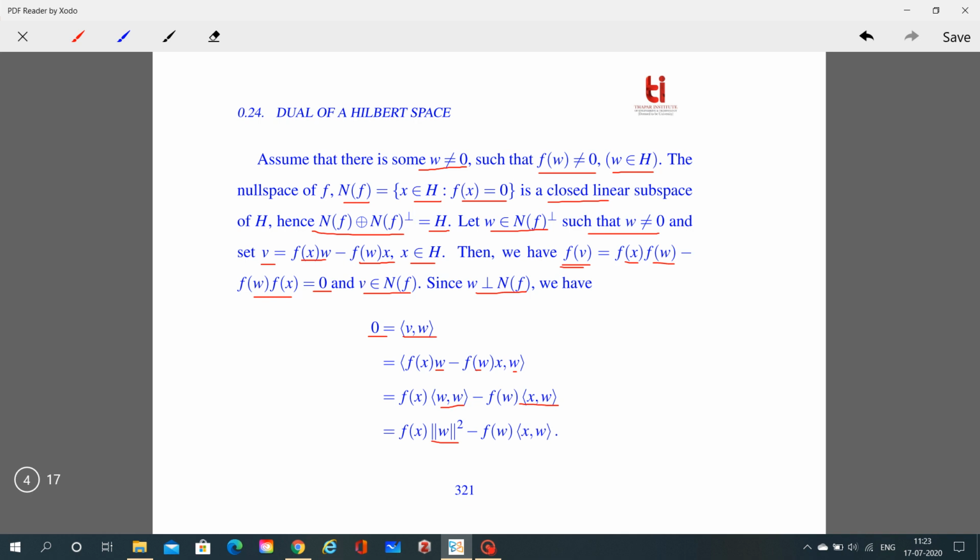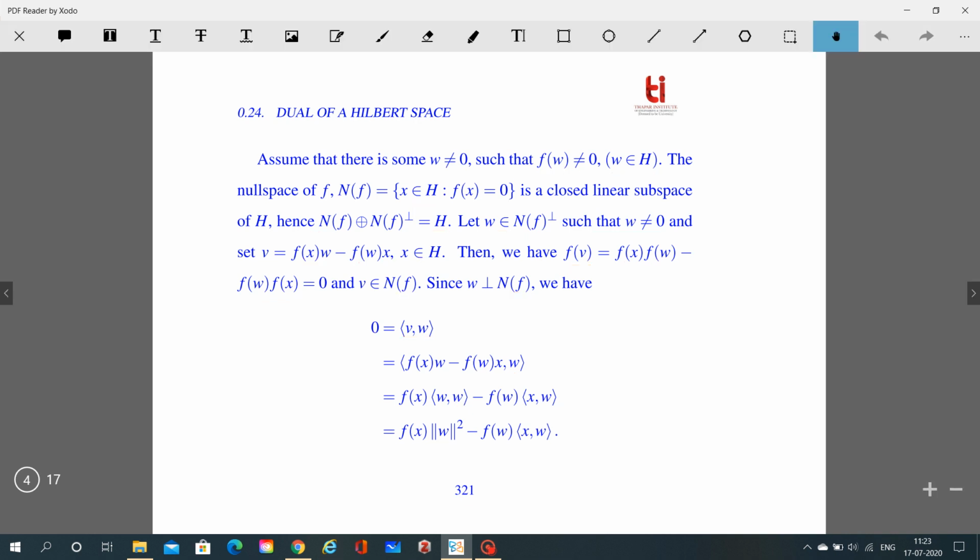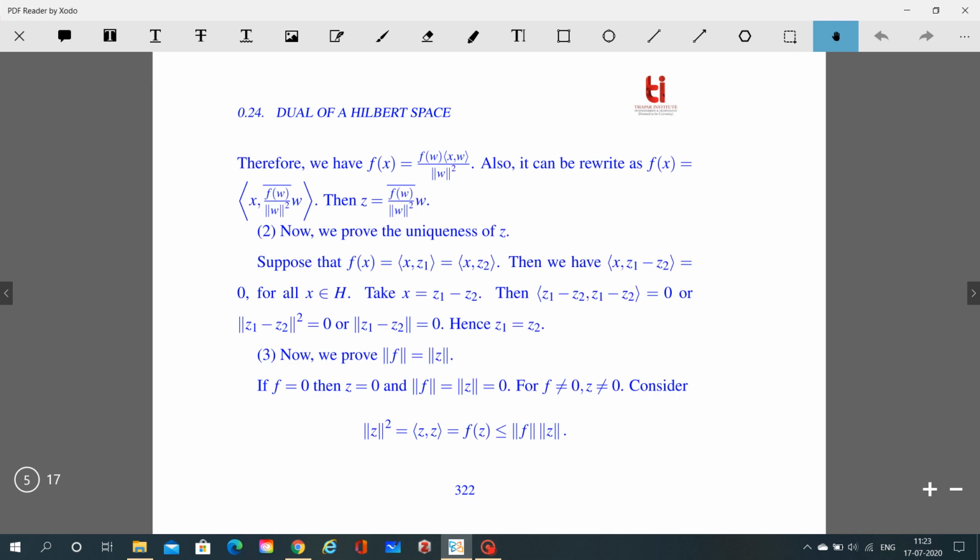So this is f(x) times the norm of w squared minus f(w) times the inner product of x and w. Therefore, f(x) = f(w)⟨x, w⟩ over the norm of w squared.